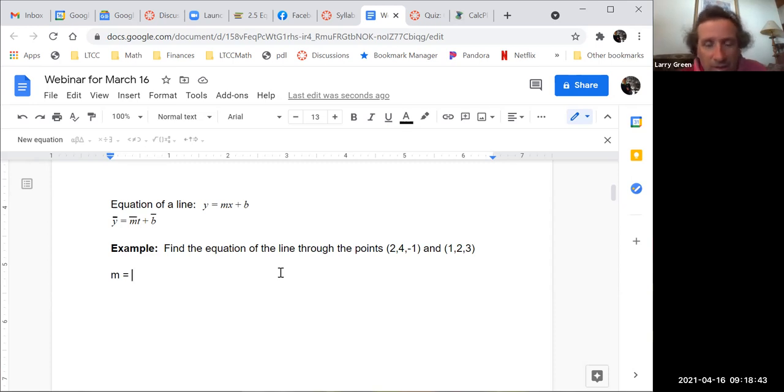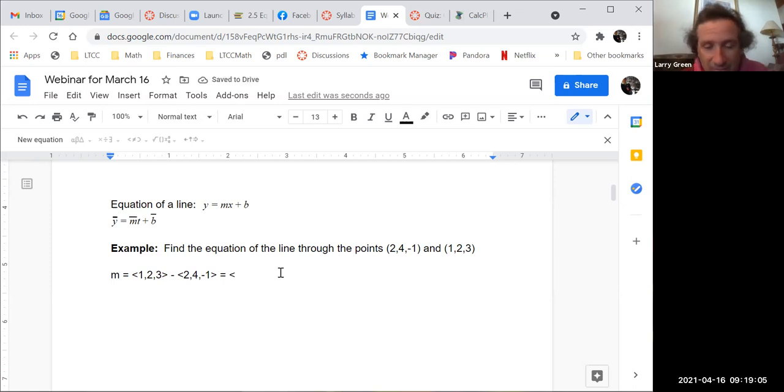So what we're going to do is take the second point, and we're not going to write it as a point, we're going to write it as a vector. (1, 2, 3) minus (2, 4, -1). Nothing too fancy. I hope you can all do that in your head.